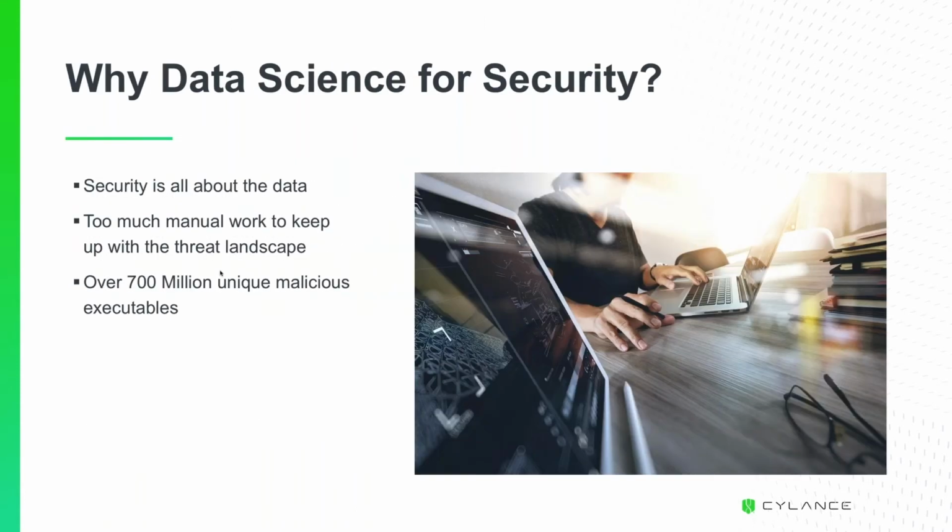All right, so why does data science now make sense for security? Well, for the simple reason that, and I'm sure we all probably have lived this to some extent, the output of just about any security control that I've ever seen is largely data. And there's so much data, so much information, so many alarms and detections and logs, that if we really truly expect any one person or any team of persons to be able to review all of that and make accurate and timely decisions on that, well, then that's kind of a little bit of a flawed assumption.